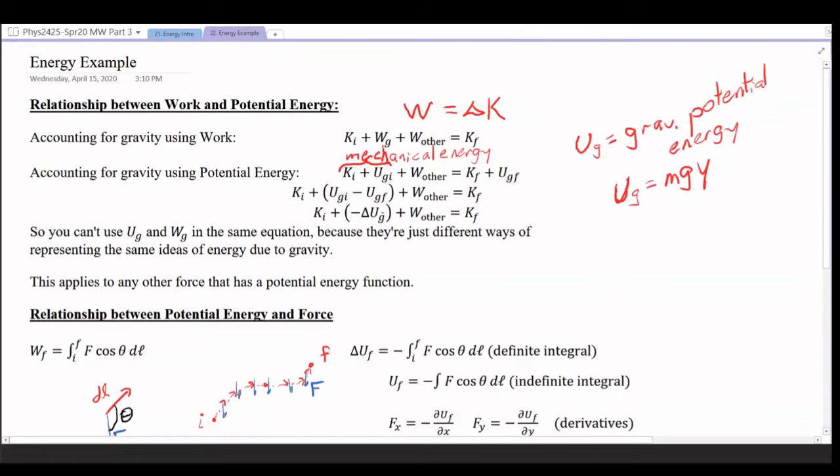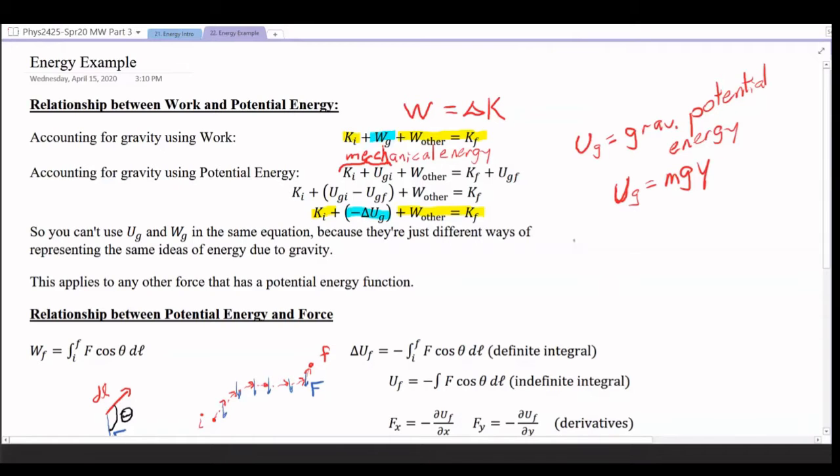So now that we see that this is the negative delta, we have two equations, and they both have K initial plus work other equals K final. And the top one has a work gravity, and the bottom one has a negative delta U_G.